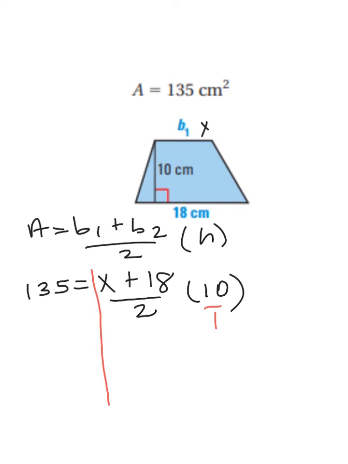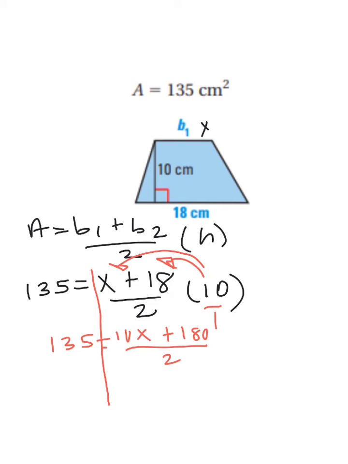So I'm going to take this 10 and multiply it by the terms in the numerator. So 10 times x would give us 10x. 10 times 18 would give us 180. 2 times 1 is going to give us 2. And that's equal to 135.